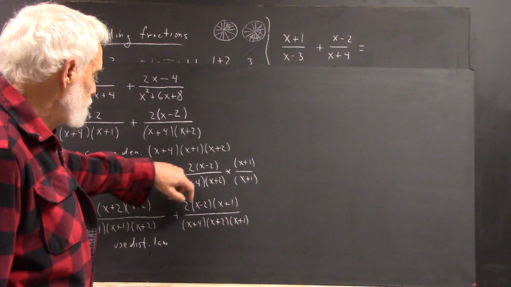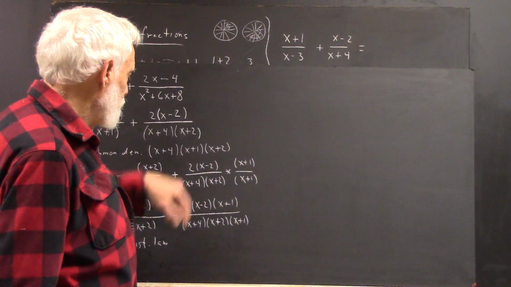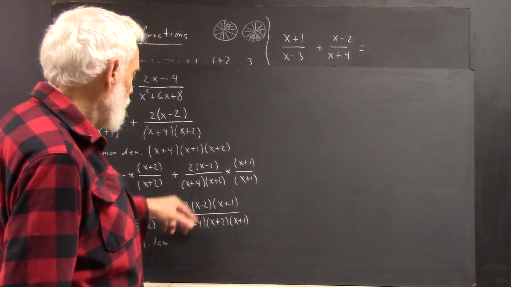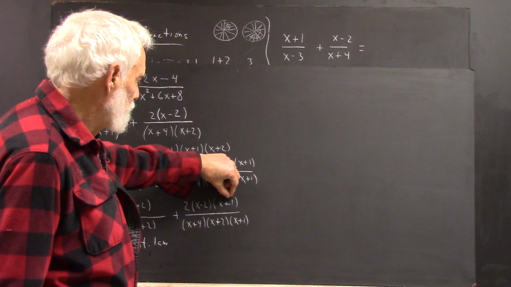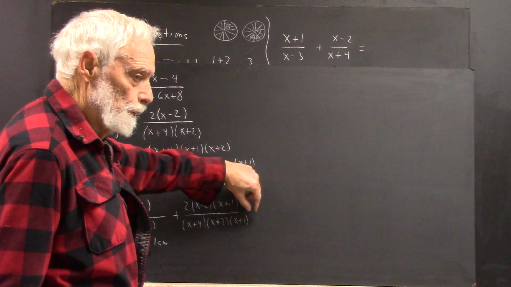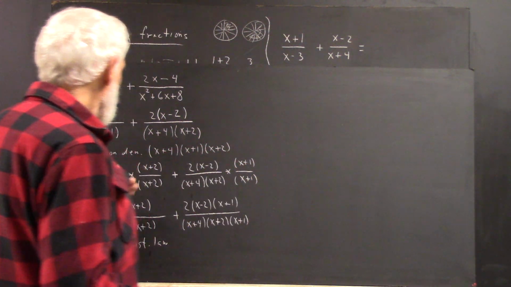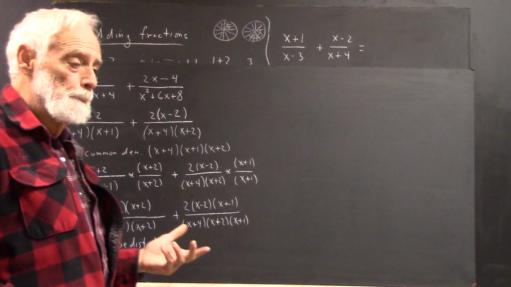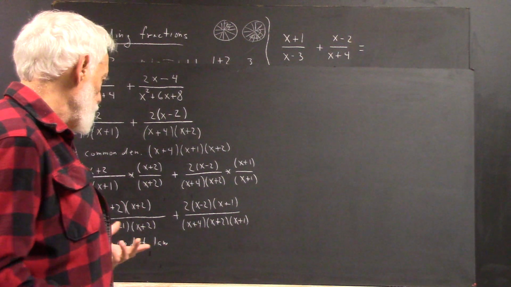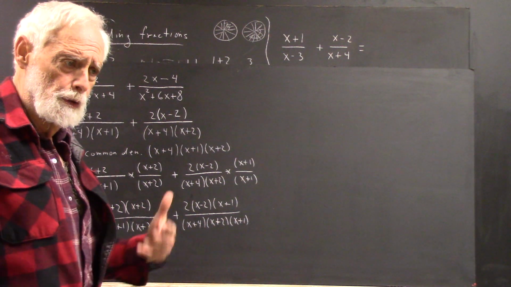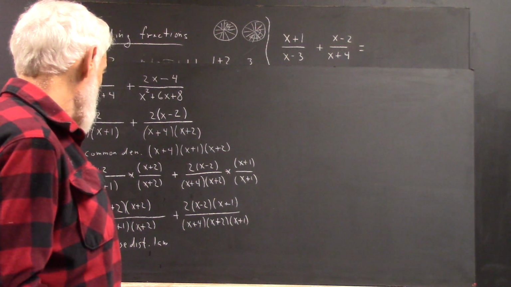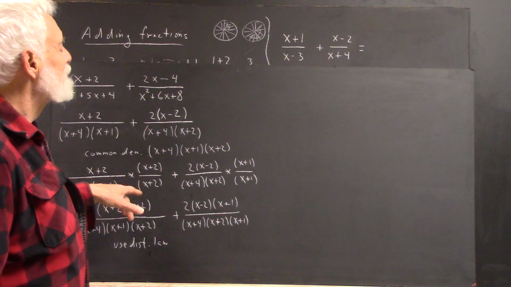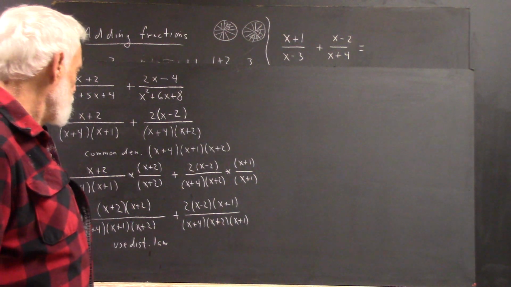And this is going to be 2 times the quantity, well, we could say 2 times the quantity, x times x plus 1 minus 2 times x plus 1, and go from there step by step with the distributive law, which, given that most people don't understand the distributive law very well and don't apply it as appropriate, I want you to write it out, okay?